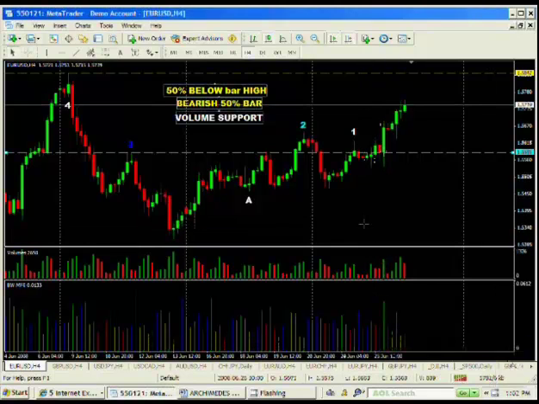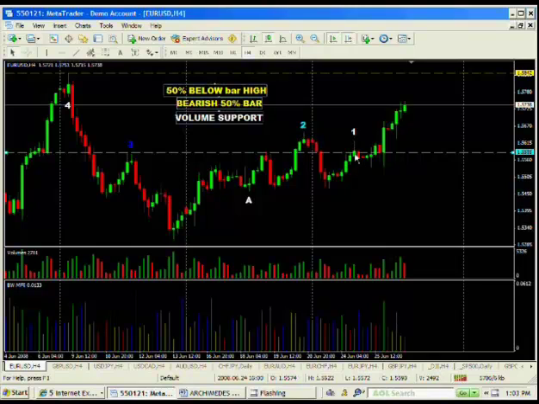We also need to understand that if operators are involved in that 50% bar, the reason they show up on that bar is that they are selling. They are selling into support or resistance.